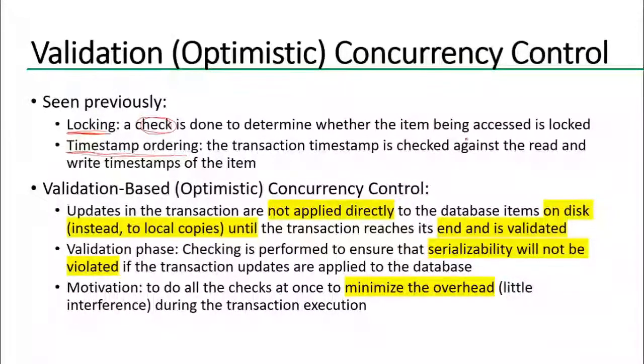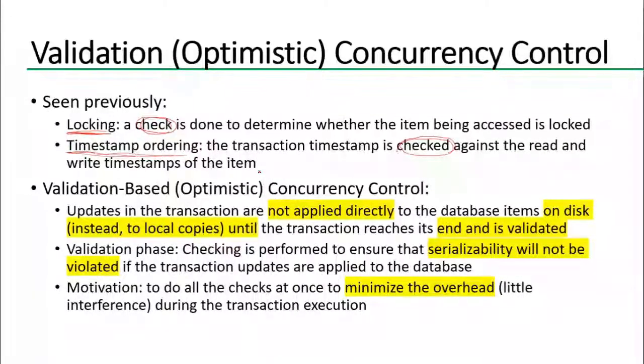Either a certain item can be accessed or not, for read or write. So you check before you access a certain item. In timestamp ordering, again, you check against the read and write timestamps of the item.